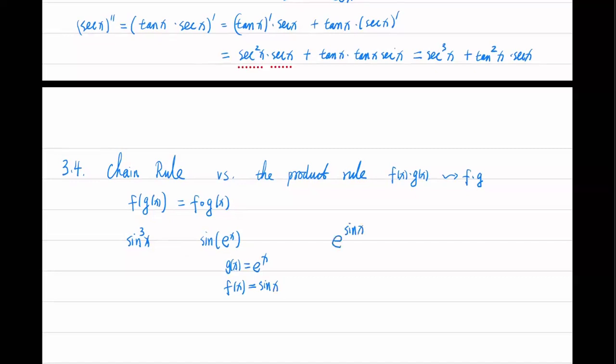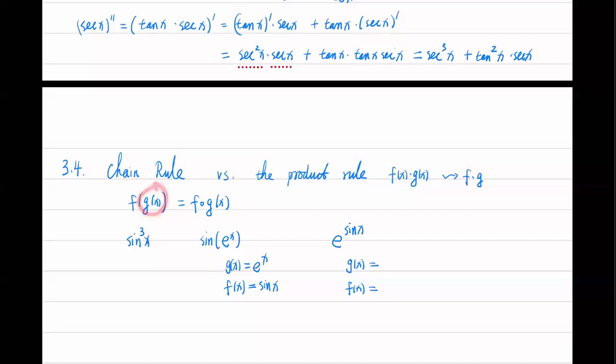Zicheng, what about this one? What's g, what's f? g is e to the, wait, f is sine of x. Wait, I don't know. Which one came first? g of x is the interior function.